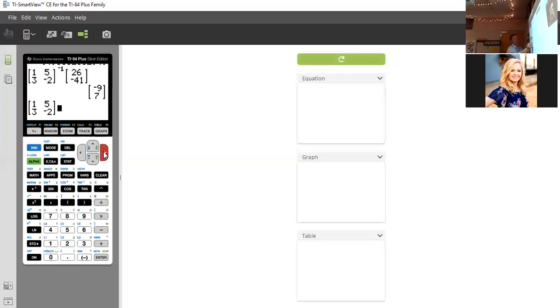All right. Look, I'm just going to show you the inverse part. So if you just do inverse and you hit enter, that's the inverse. Okay. Times. Math, alpha zoom, excuse me. What was it, 26? Negative 41. Dang it. Did it again. Negative 41. All right. You hit enter, of course.